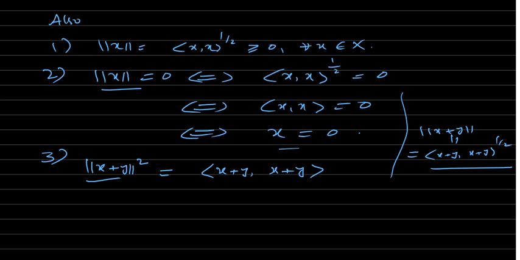Now we expand this. It's inner product of x with x plus inner product of x with y plus inner product of y with x plus inner product of y with y. Okay, so first one is again norm x squared. This is equal to norm x squared plus inner product of x with y plus its conjugate, plus inner product of y with y, which is norm y whole squared.